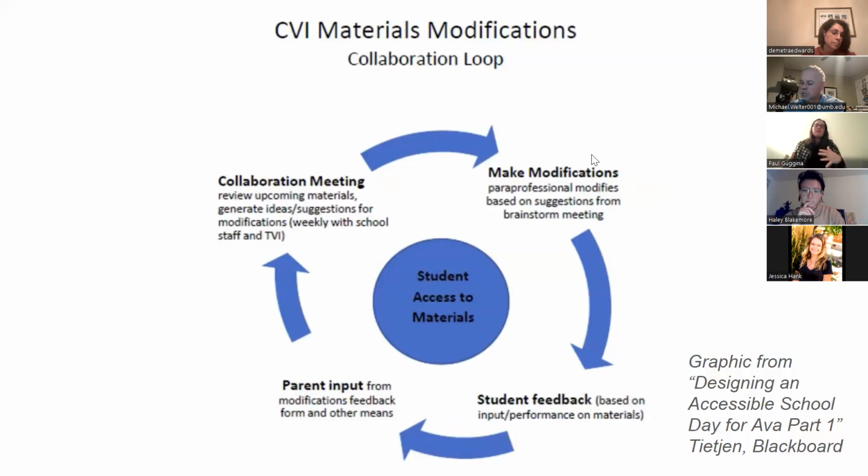It looks at the loop, the sort of chicken and egg feel of the whole thing: is it the collaboration meeting, then make the modifications, then the student feedback, then the parent input, and then have a collaboration meeting and make modifications again, and it goes over and over. Next slide, please.